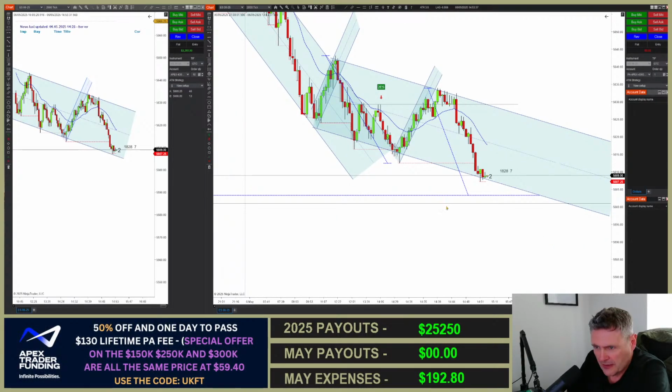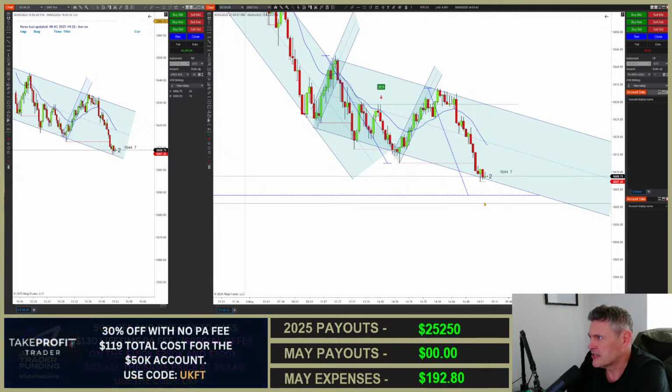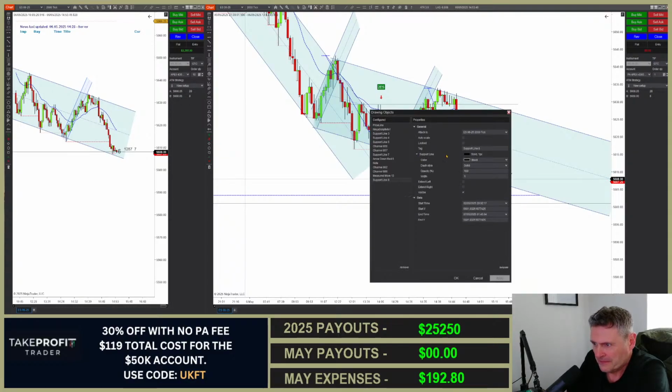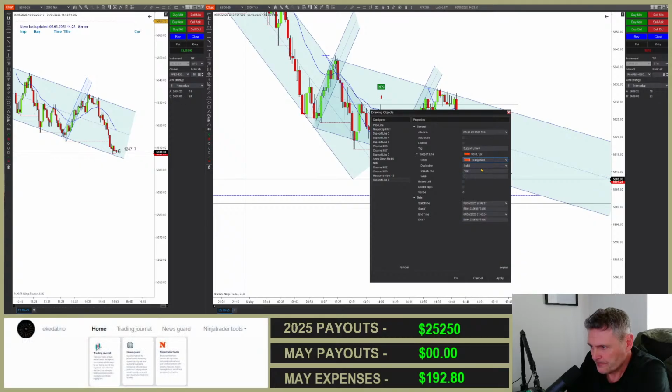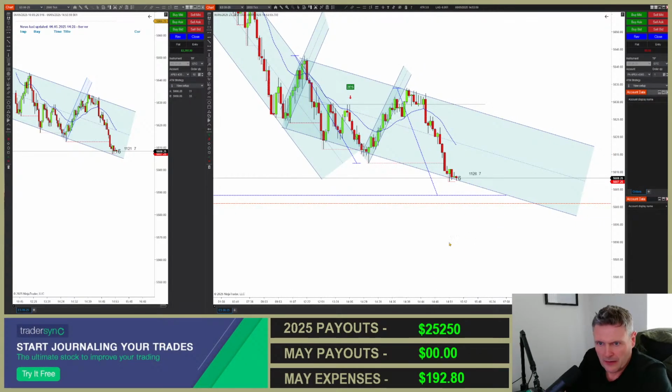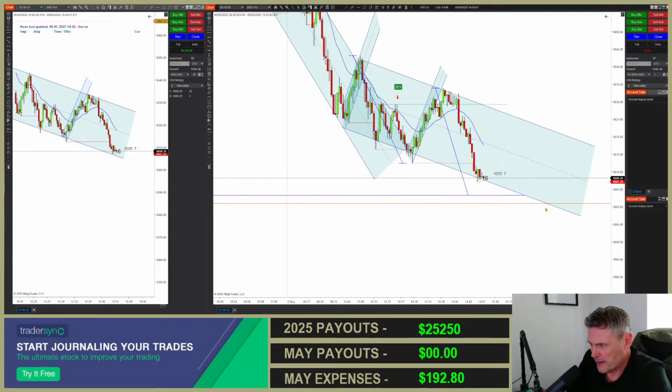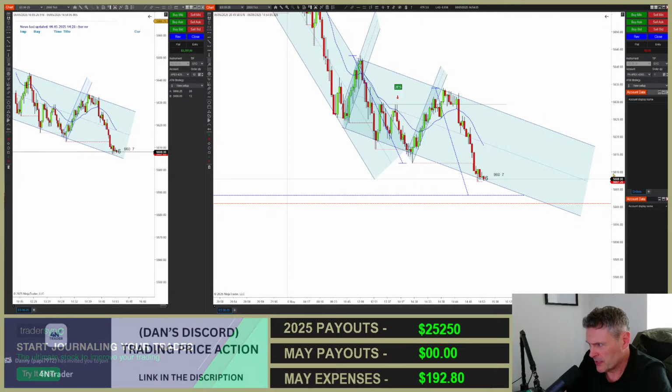But we've got that measured move down from there, and yesterday's lows, which is that line there. So whether we get a bounce there, or whether we pull back and push down a bit further.